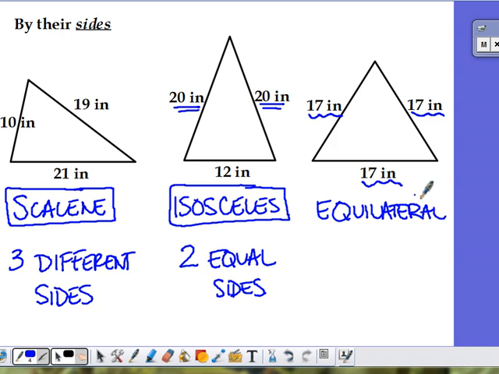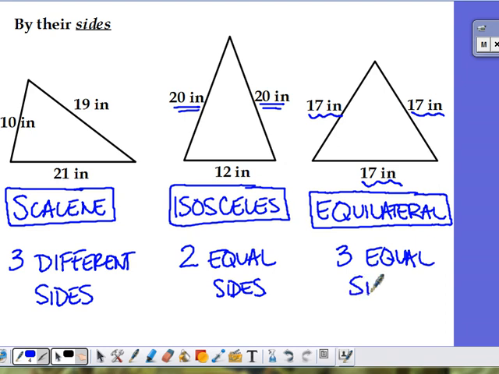And we learned that term way back in September when we were talking about polygons. Any polygon that has all the sides the same, whether it's a quadrilateral or a pentagon or a hexagon, whatever, if all the sides are the same, then it's equilateral. So that would have three equal sides. So every single triangle that we could possibly make, you can classify by its angles and by its sides.